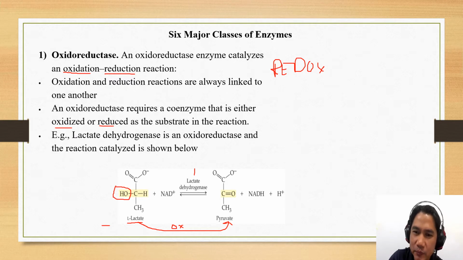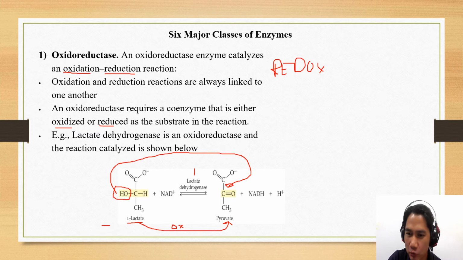I said in my previous videos that if you have a secondary alcohol, when it's oxidized, it becomes a ketone. So the reaction is oxidation with respect to lactate being converted to pyruvate.